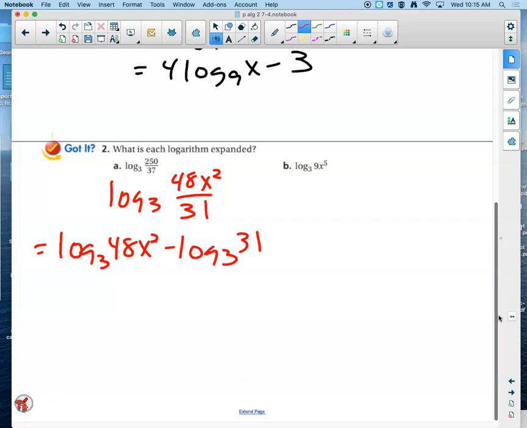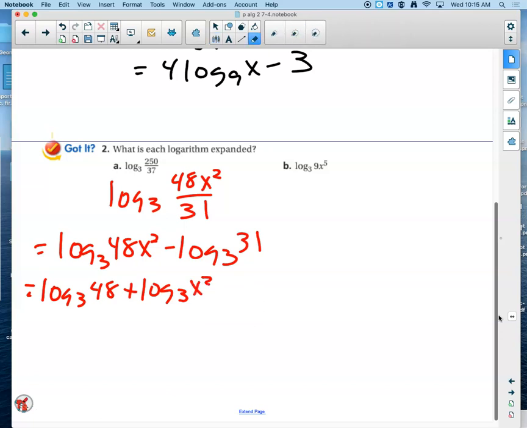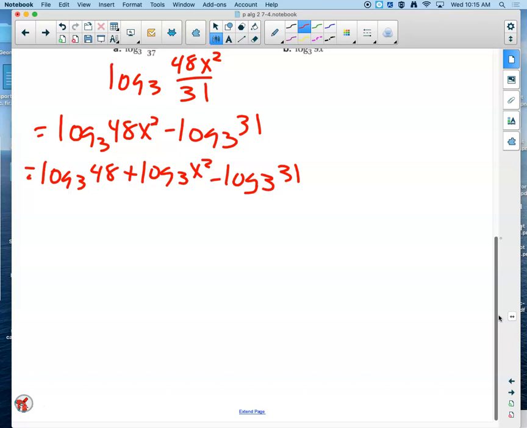All right, took care of the big one, which was the division. Oh, well, 48 is times x squared. What's multiplication in logarithm language? I don't think we're done with that middle one. So do they all get a 2 in the front? Just the middle one.